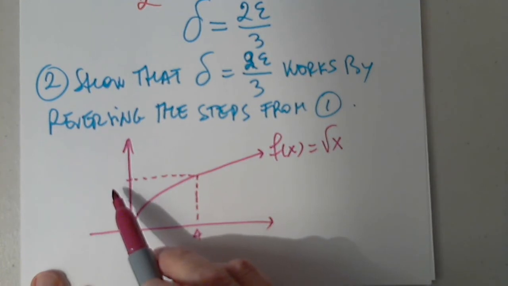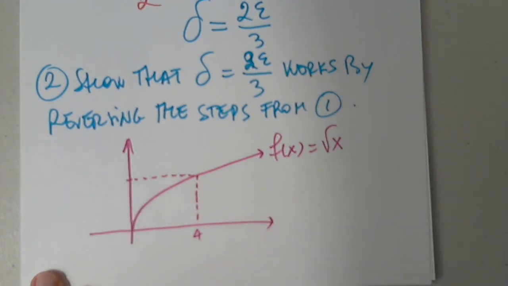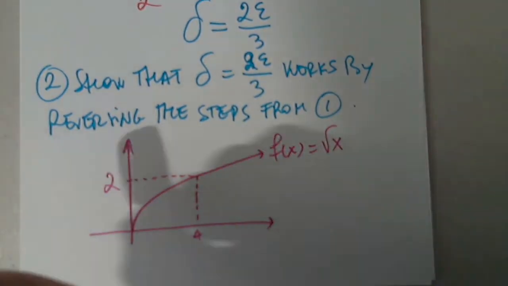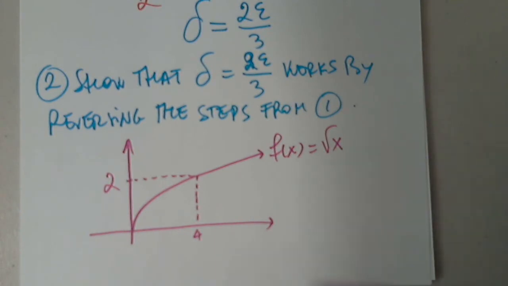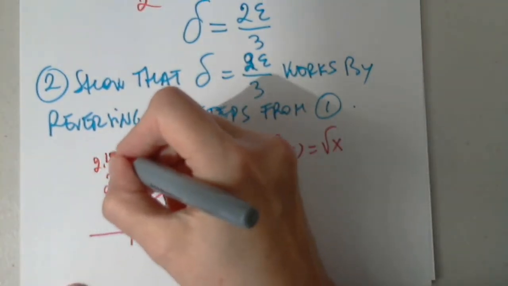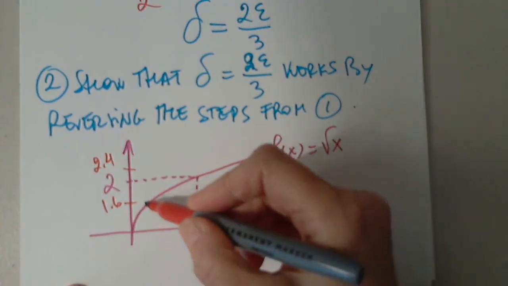What could the limit be? Thank you very much. And the epsilon is given to us, so they give 2.4 up here, and they give 1.6.